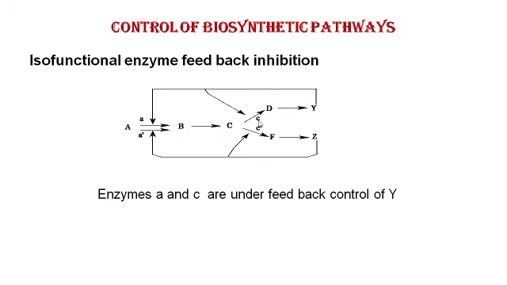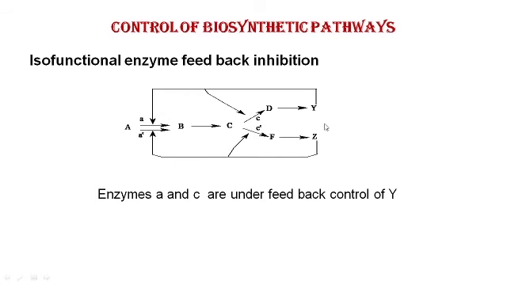And since this C prime enzyme is not affected by Y, the C prime enzyme will convert C to F, and Z will still keep being produced until the concentration of Z in the cytoplasm exceeds the limit. The moment the concentration of Z in the cytoplasm exceeds it, Z will inactivate the enzyme C prime, and it will also inactivate the enzyme A prime.